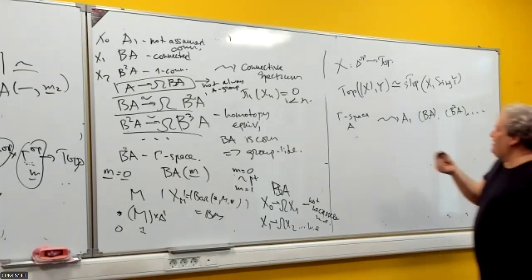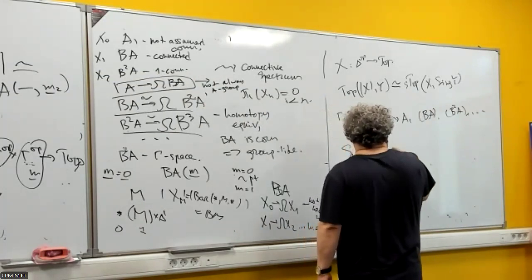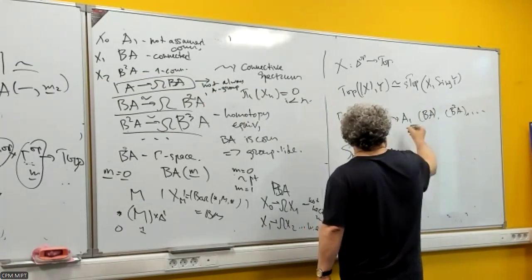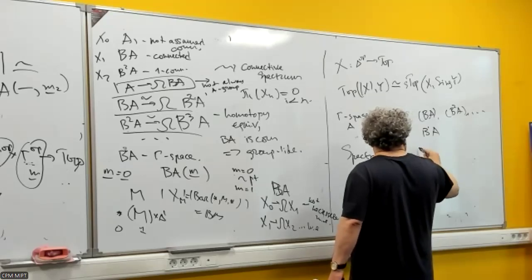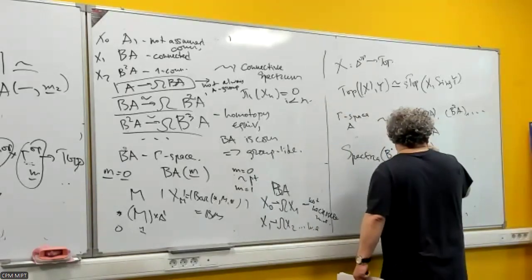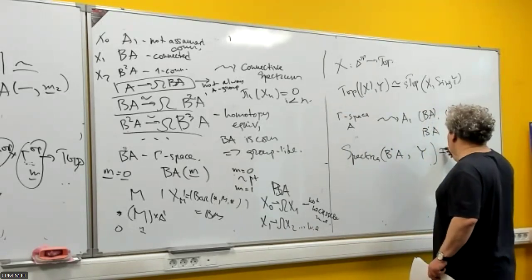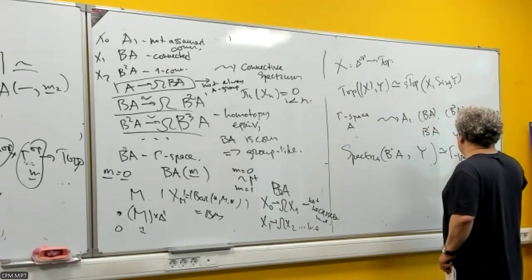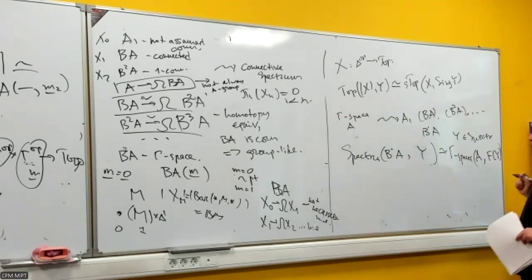Then I denote this spectrum BA. Here I take some other spectrum Y, and I would like to have an adjunction, something in Gamma spaces, from A to some functor applied to Y. This is what I would like to have.